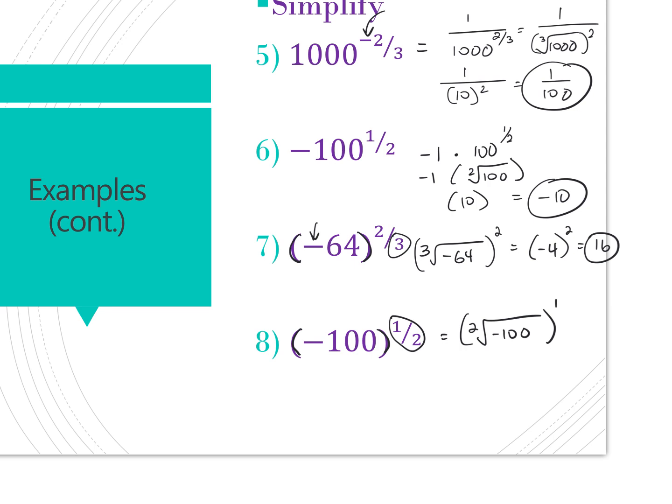And you're going to see that no number times itself twice, or at least no real number, because 10 times 10 is 100, and we have -10 times -10 is also equal to 100. So there is no number that works for this. So this is a no solution, or I like to say no real solution. We'll learn a little bit about this at a later date, but no real solution here.